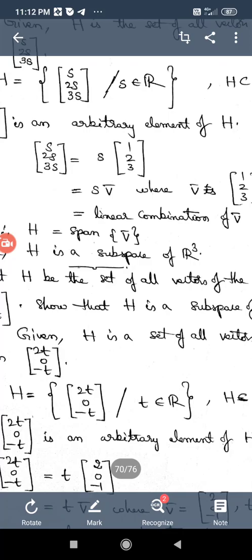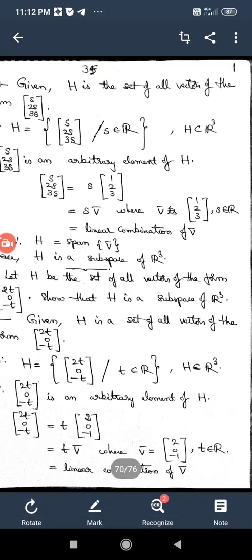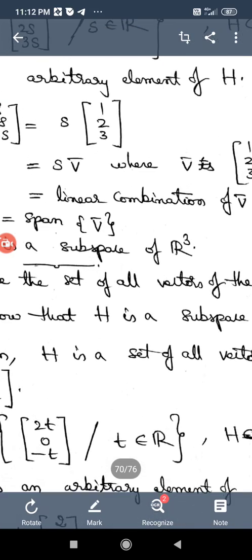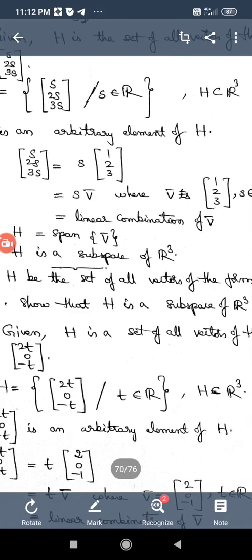That means H is a subset of R3. R3 is the set of all 3 by 1 vectors, and H is the set of vectors of the form (2t, 0, -t), where the second entry in the column vector is always 0. That is how H is a subset of R3.